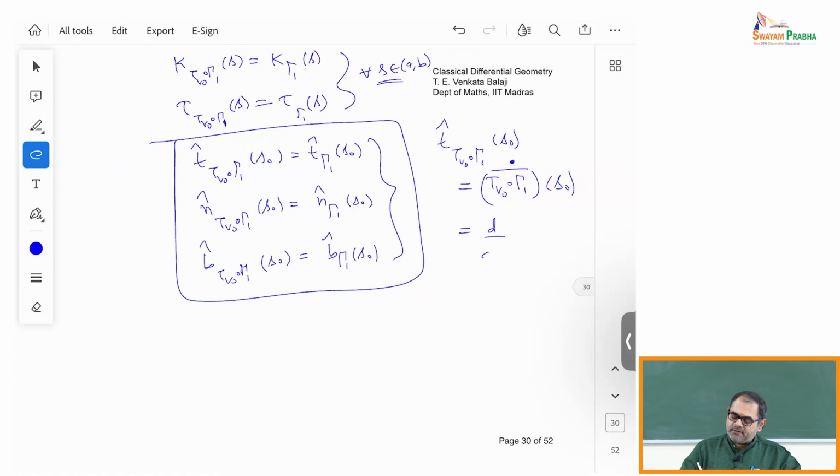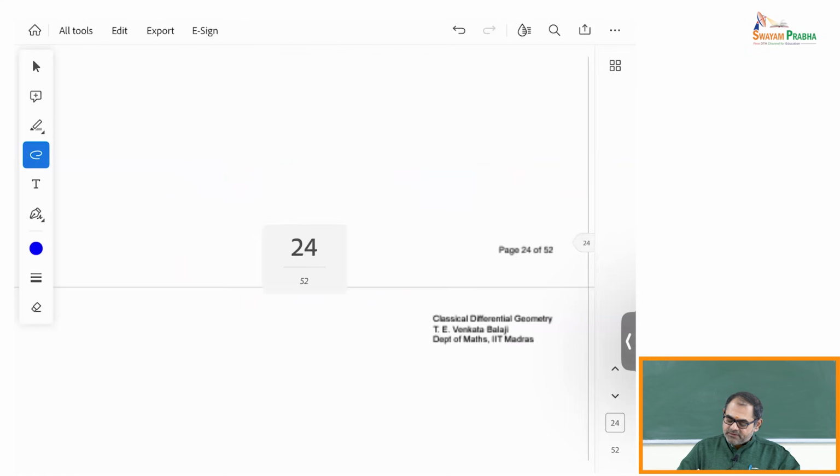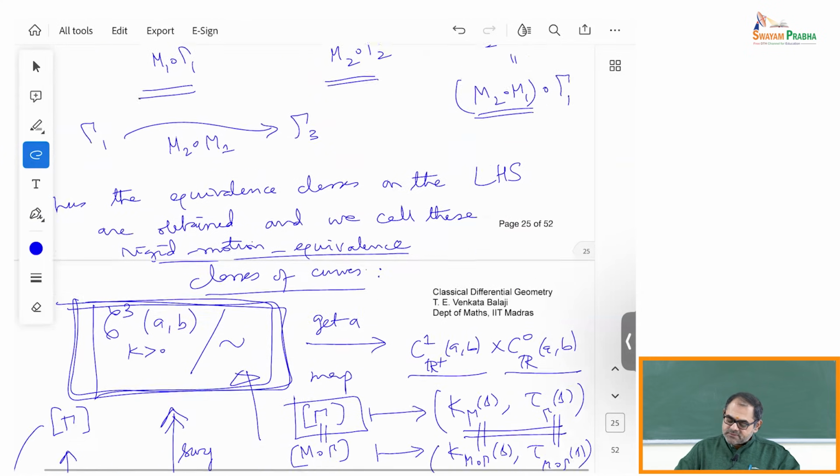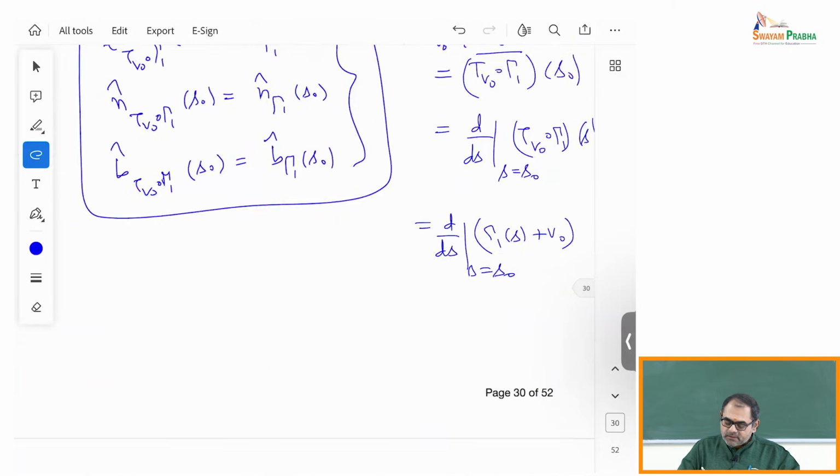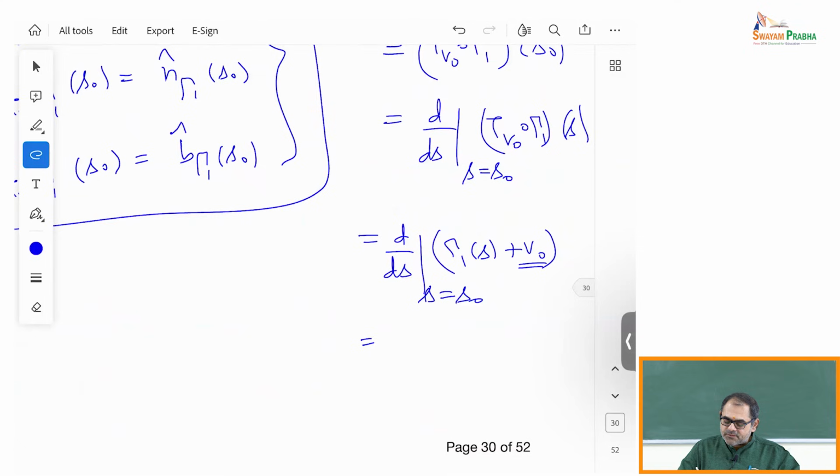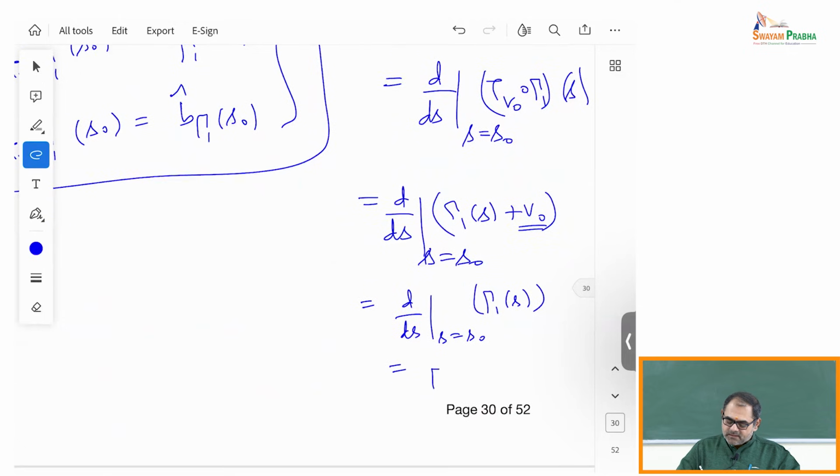So at the level of the Frenet-Serret frame, everything is going to be the same, which is d by ds at S is equal to S naught of TV naught circle gamma 1 of S. Okay, and that is going to be d by ds at S is equal to S naught of gamma 1 of S plus V naught, and now there is this constant here, so I will get d by ds at S is equal to S naught of gamma 1 of S, that is gamma 1 dot of S naught, and that is T hat of gamma 1 at S naught, okay, right.